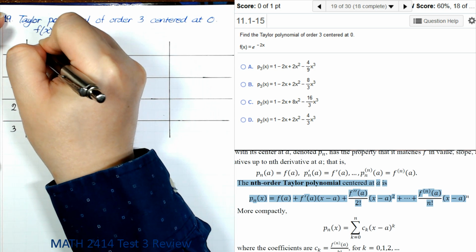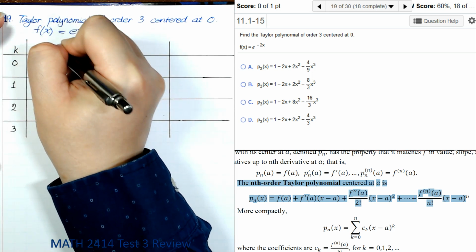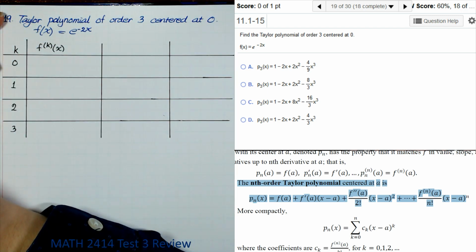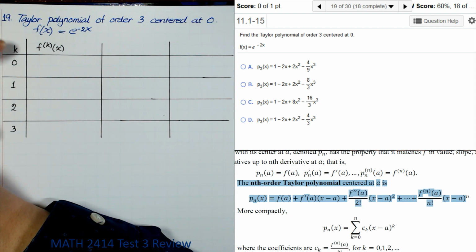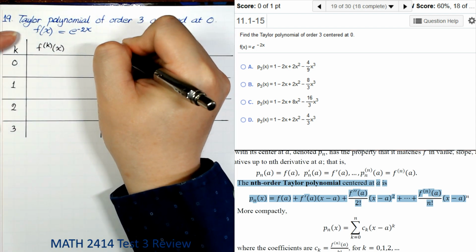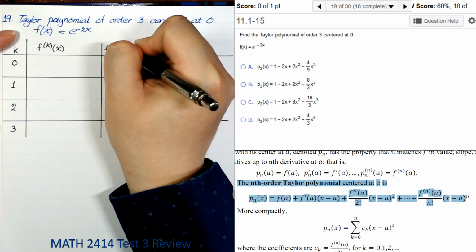First we have the k-th derivative of the function, and next we evaluate that at the point a.